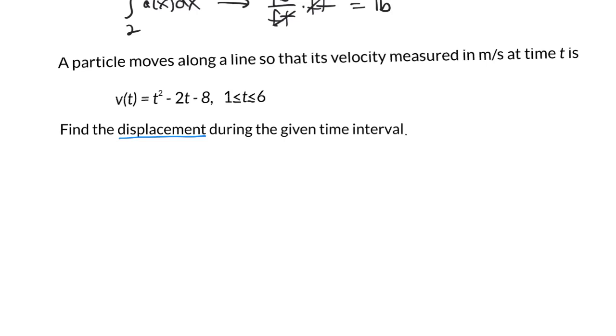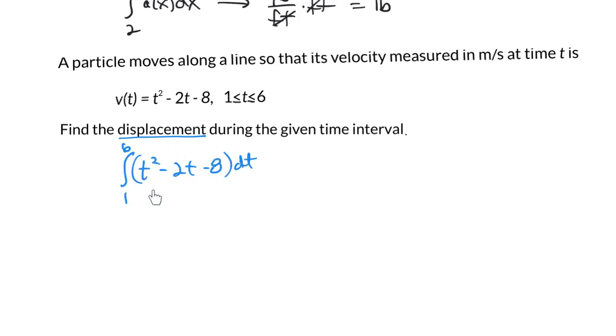To find the displacement, we just have to integrate the velocity. We're using the net change theorem right here. Because velocity is a derivative, when we integrate it we get the change in the original function, so we get the change in position. This is a definite integral, like we learned in 5.3.